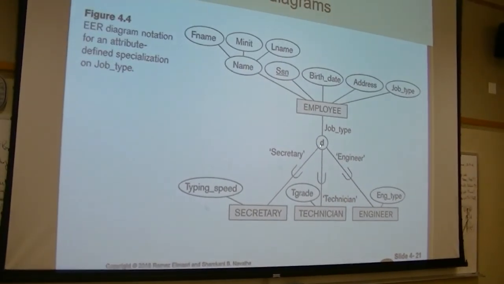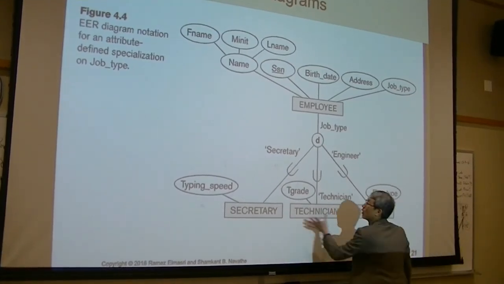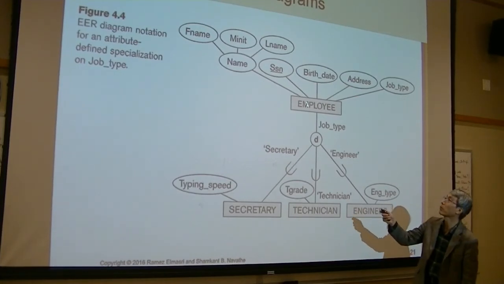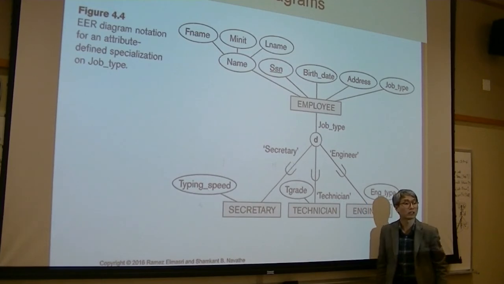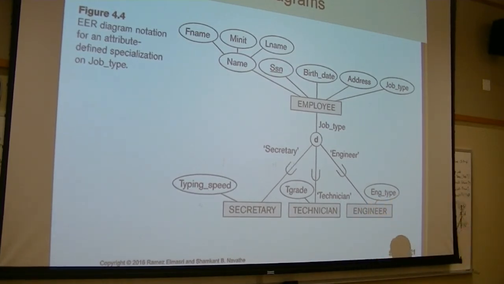And also, they are disjoint, which means it cannot be both. But this is a single line, partial, which means there are employees who do not belong to any of these. Then I can understand the meaning of employee very clearly. So that is the purpose of the extended ER diagram.